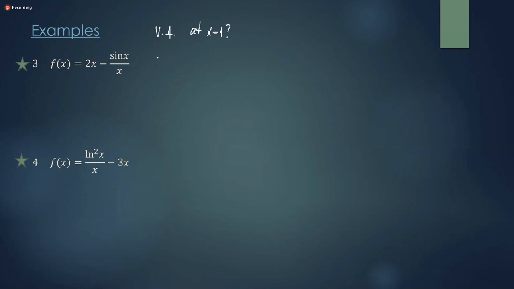So the limit when x tends to, sorry, not one, I'm very sorry, at 0, when x tends to 0 plus, 0 from the right, of the function 2x minus sine x over x. We see when x tends to 0, we have 2 times 0 minus the limit of sine x over x when x tends to 0 from whichever side. This limit is, as you should remember, 1.